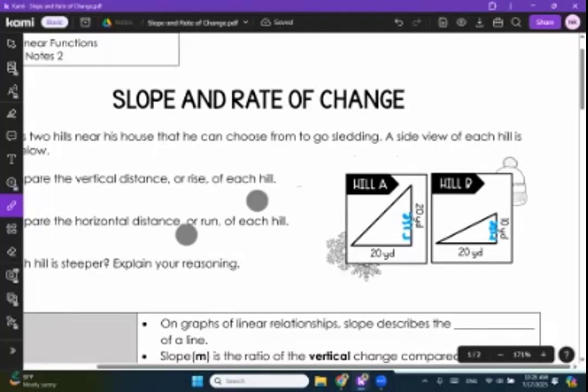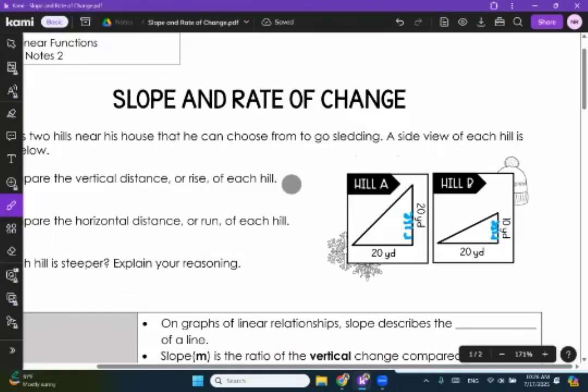Let me zoom out, and I guess it didn't. Oh, nice. Maybe it's because I'm recording. I don't know what's going on. Here we go.